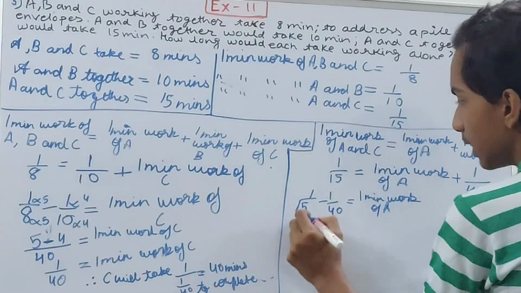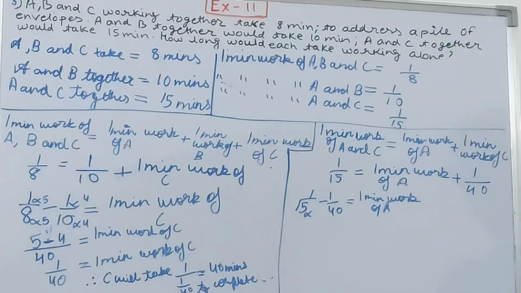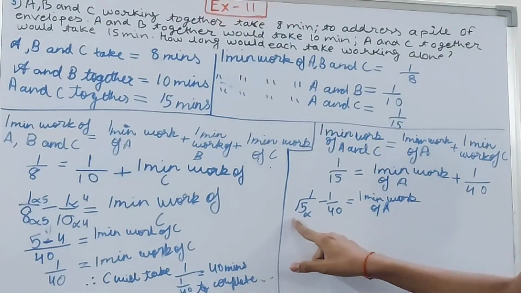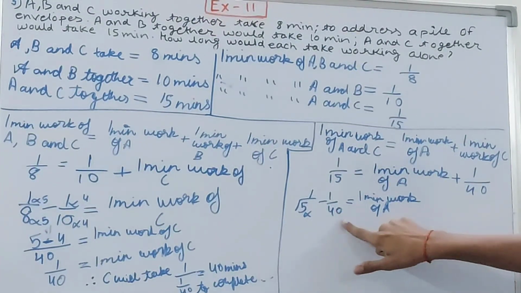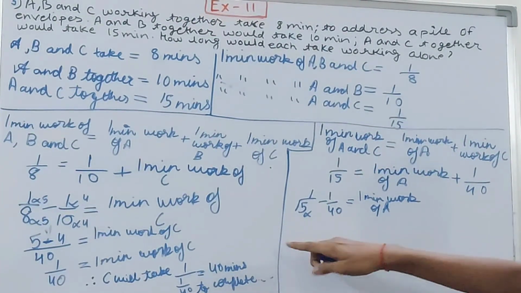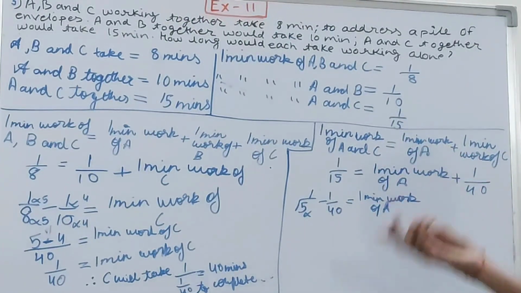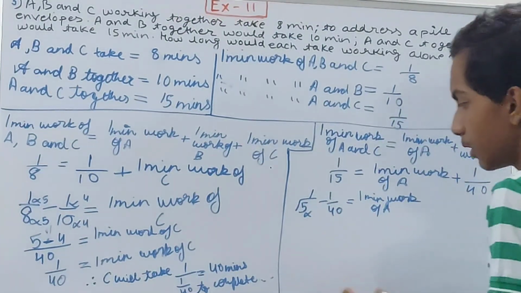This is your final answer. This will be for A. See, 40 and 15, their LCM is going to be 120, because I cannot take 80. 80 is not divisible by 15, but 120 is divisible by 15 and 40 both.